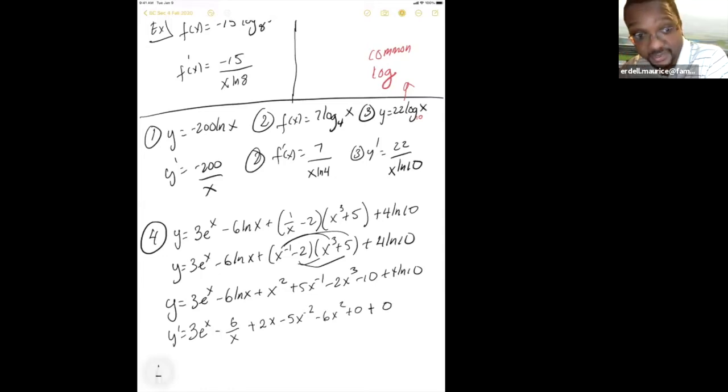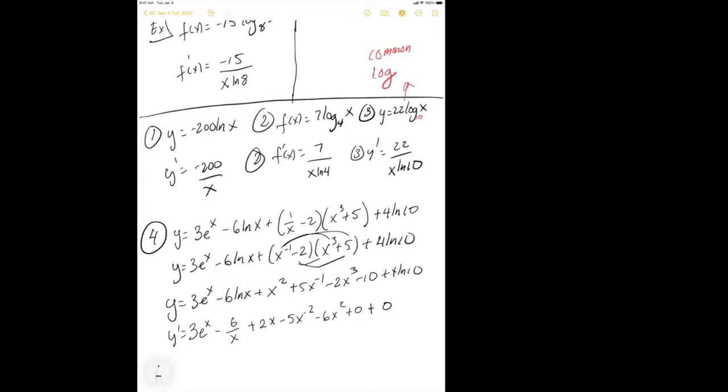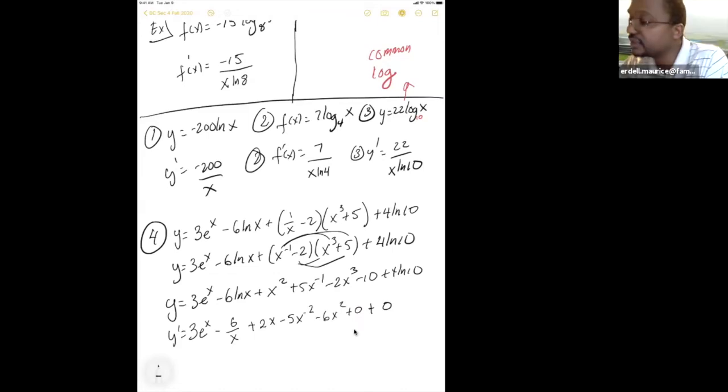Can anybody tell me why the derivative is 0? Is it because there's no x on it? It is because there is no x. Because there is no x on it, it is a constant, and the derivative of a constant is 0.